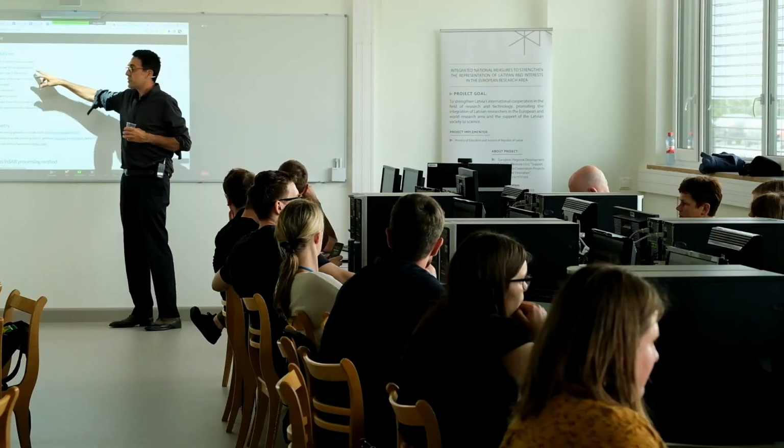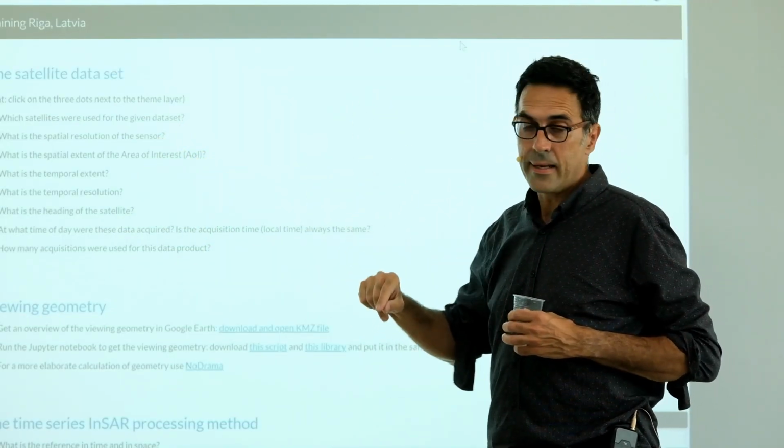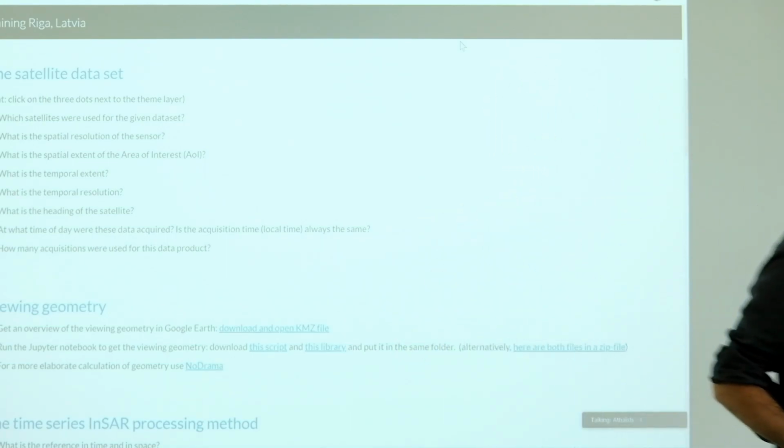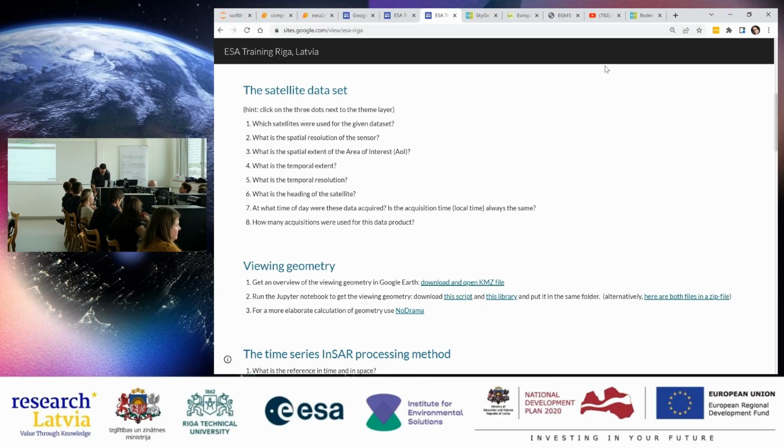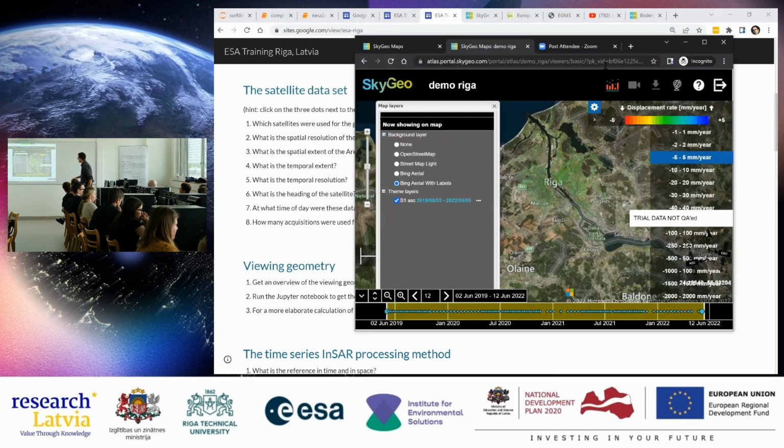Actually, Sentinel-1 is a mission. It has 2 satellites, Sentinel-1A and 1B. If you look at the colored dots in the lower part of the browser, you will also see that sometimes they were both acquired. If you zoom in a little bit further, here they were acquired every 6 days.